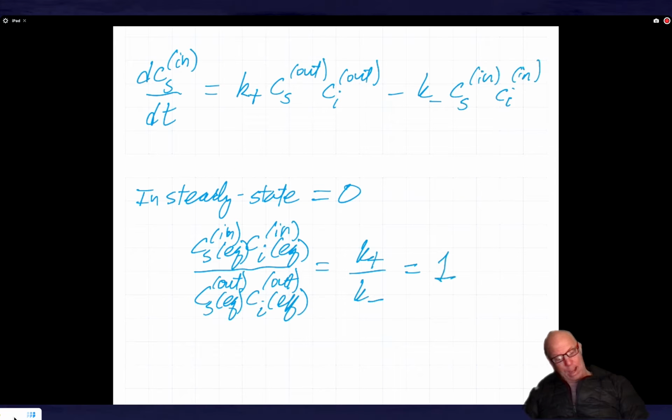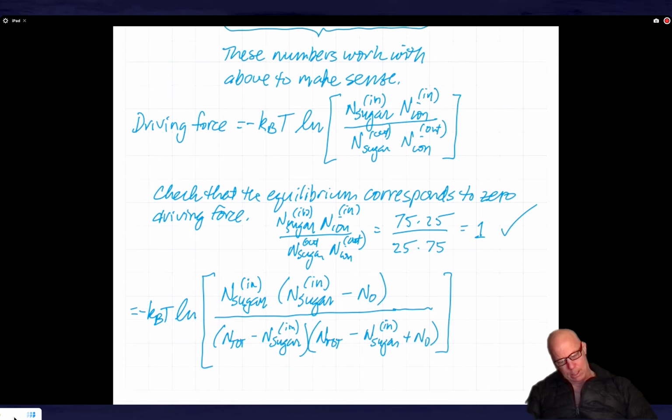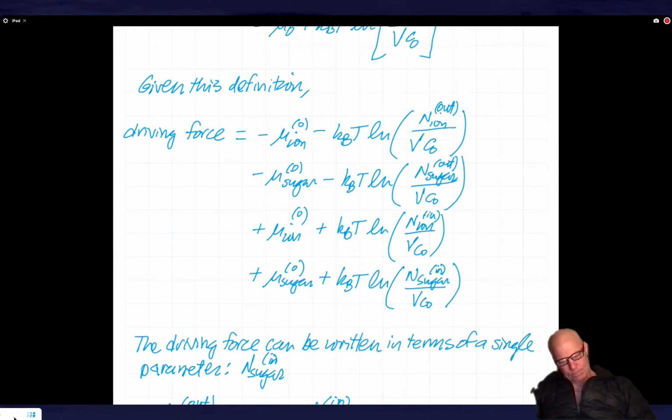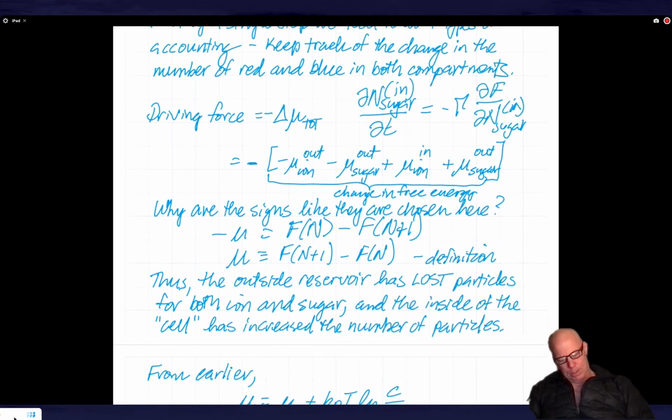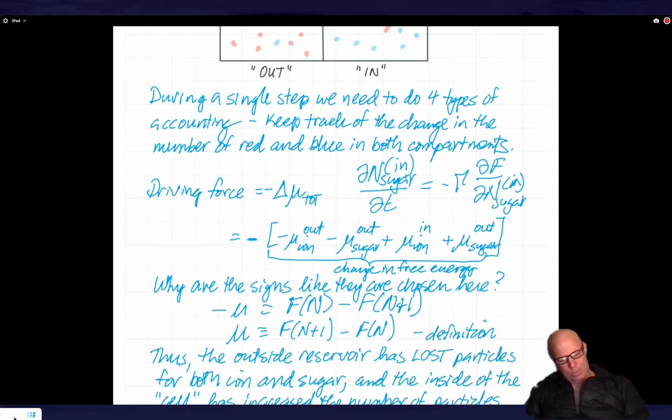And this is equal to 1. Now, how do I know that? I know that because if you go back to what we did earlier, it's right here. If you look at your notes, okay, let me go all the way back and just remind you. So what we said is that the driving force here is given by this beautiful and simple expression, which is basically 4 chemical potentials. Chemical potential, the ions on the outside, the sugar on the outside, the ions on the inside, the sugar on the inside, and, I think I made a mistake.